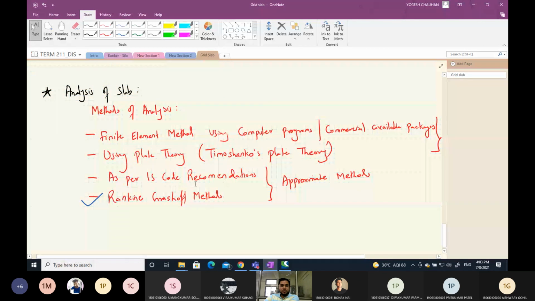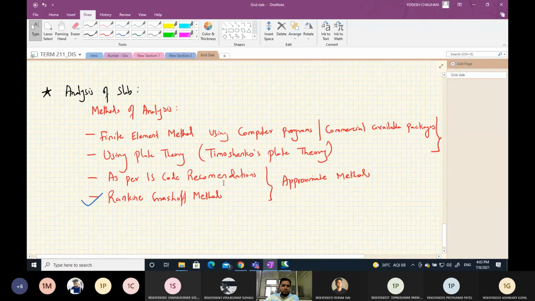Then IS code recommendations are there, which give some bending moment coefficients by which we can find the bending moments and shear force. But there are some limitations. We will discuss these limitations of the codal recommendations in the next class.